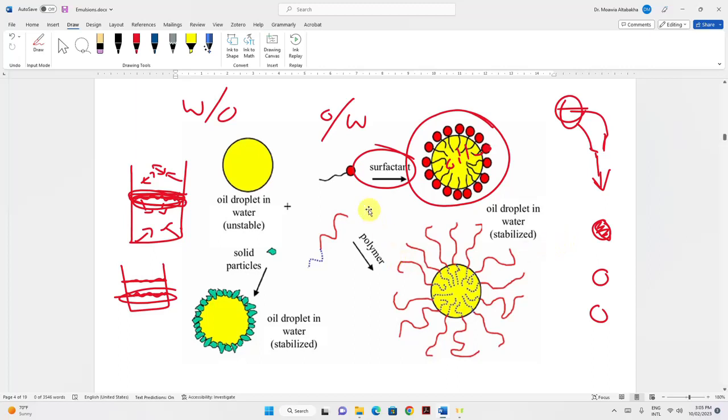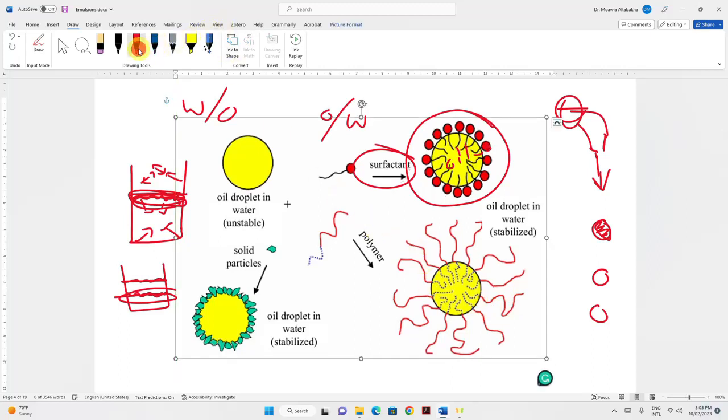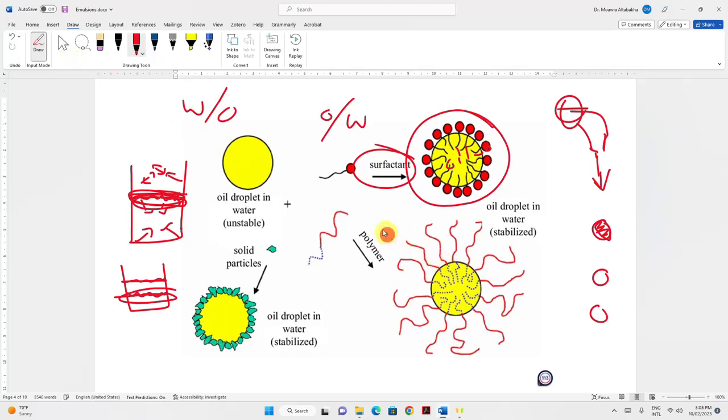The other way is referred to as the oriented wedge theory, as you see here, and usually it's through a polymer. You have a polymer, and this polymer stabilizes the internal phase through what? Through this wedge.